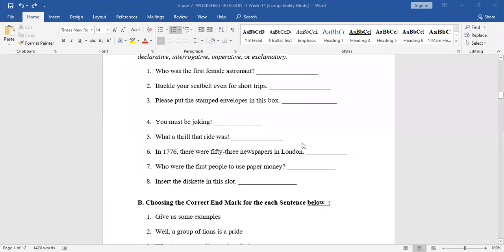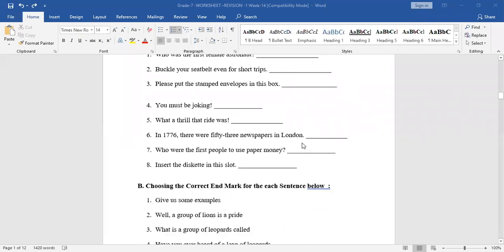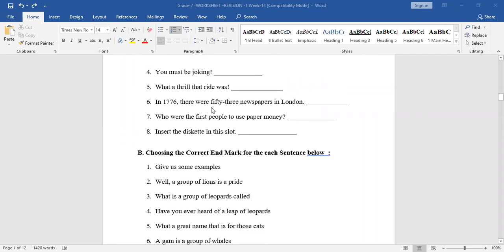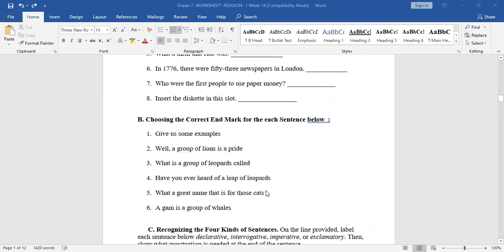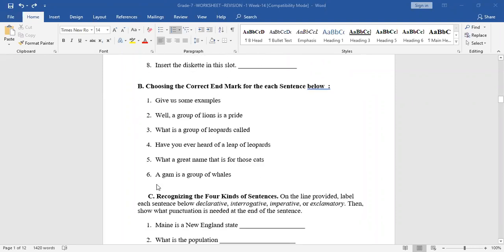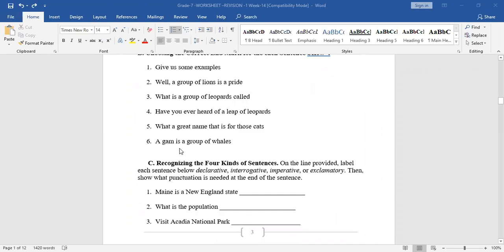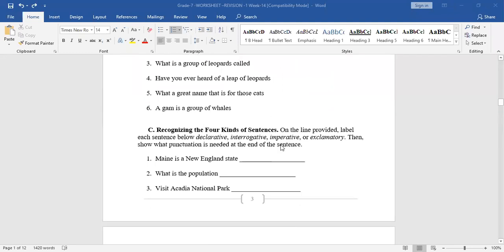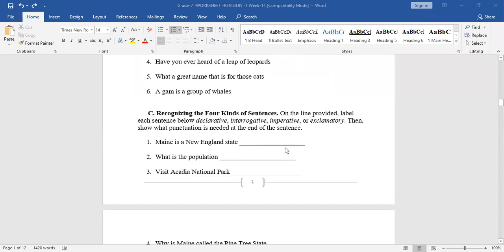Very good. This is an exclamation mark here. That's good. Okay, what is this? Jasser, period, or full stop. That's good. Okay, number C, read this.